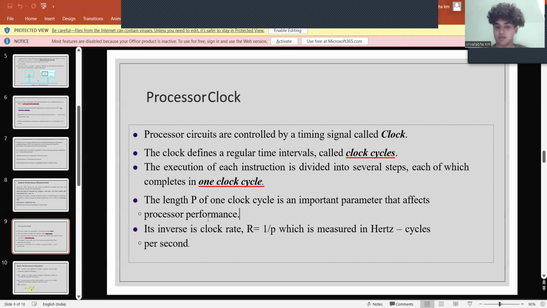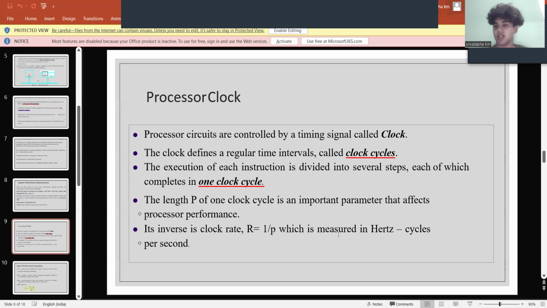The length is what is considered here. Next, its inverse is R equal to 1 by P. Here R is the clock rate, 1 by P, where P is the length of one clock cycle. R is inversely proportional to P. As the length of one clock cycle increases, the clock rate will decrease.